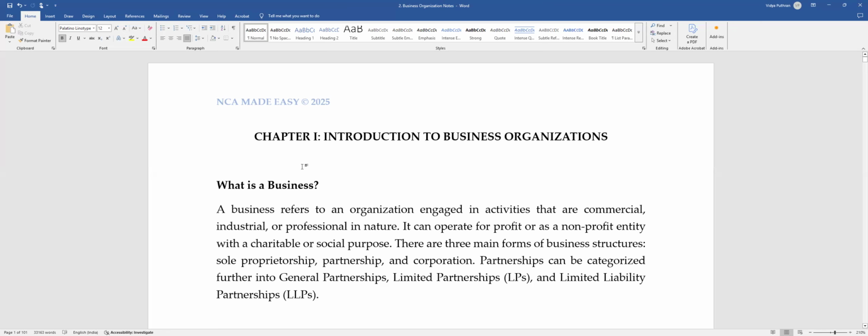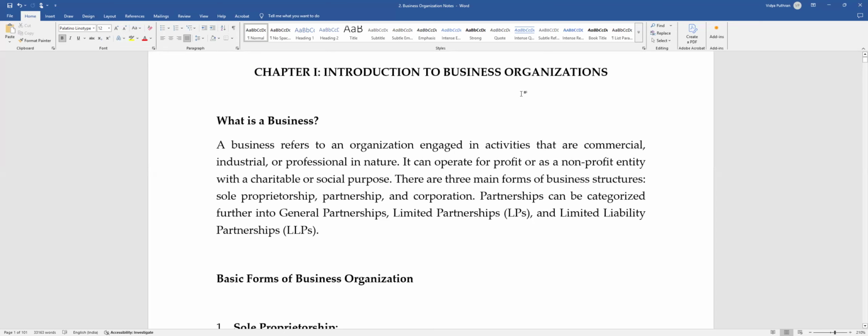Right. So chapter one is introduction to business organization. So generally, what is business? Business refers to an organization engaged in activities that are commercial, industrial, or professional in nature.